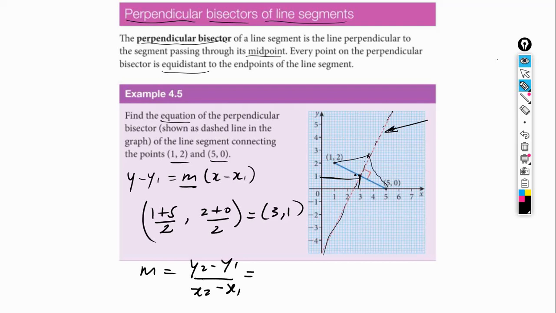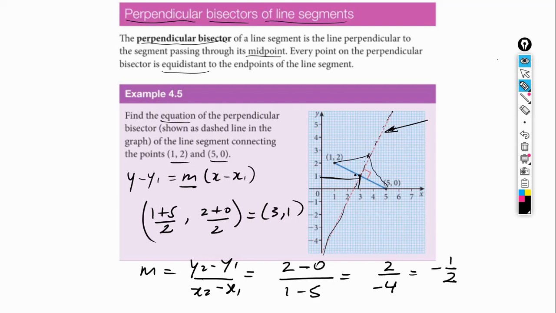So it doesn't really matter which coordinates you label x1, y1, and x2, y2. What matters is the order in which you do the subtraction. So let's say I go 2 minus 0 for y, then I have to do the same order for x. So I would say 1 minus 5. And notice that this is going to give me 2 over -4, and this is going to be -1/2.